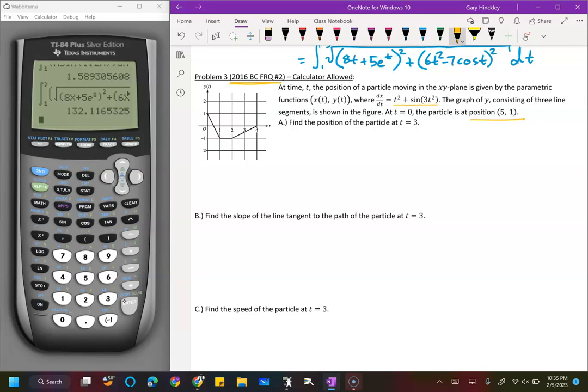So let's see. We have our r. Let me use a different color here. Vector r of our new position 3 equals our old position at 0, so r of 0, plus our displacement, so that'd be the integral from 0 to 3 of our velocity.